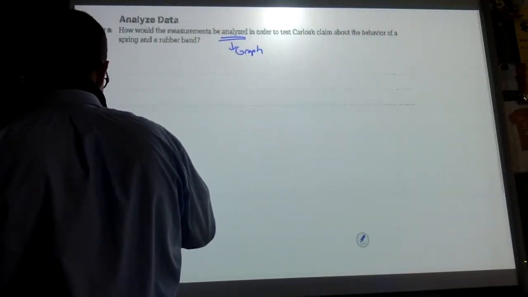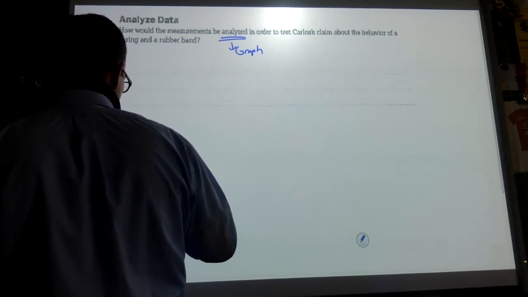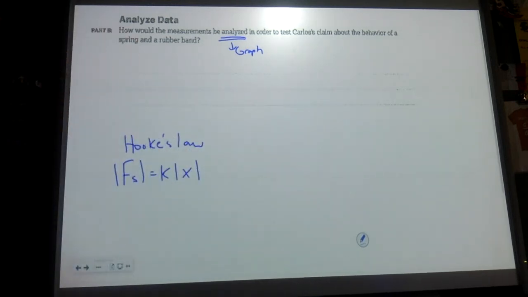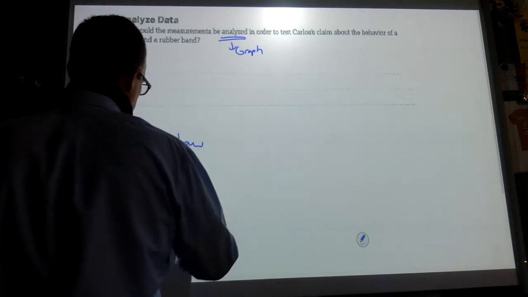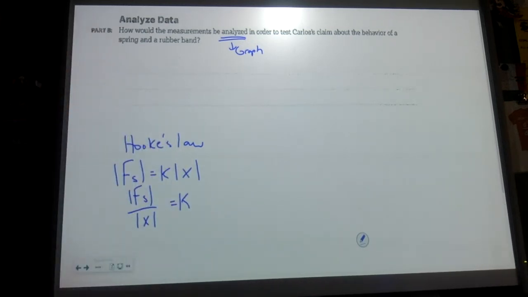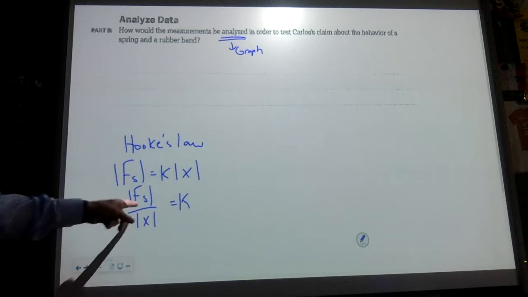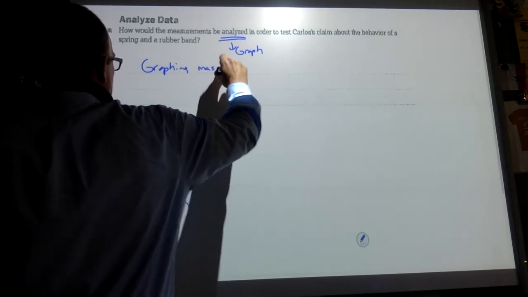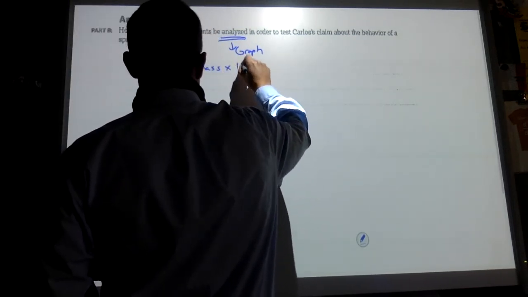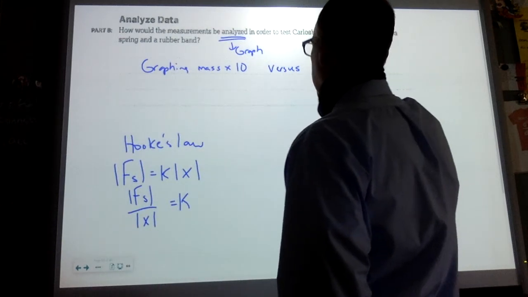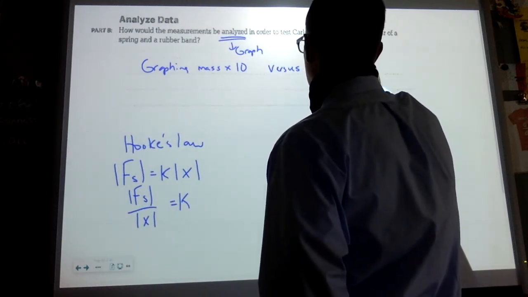So looking at our equation for an ideal spring, this linear relationship that we're looking for could be achieved by graphing mass times 10 versus stretch length.